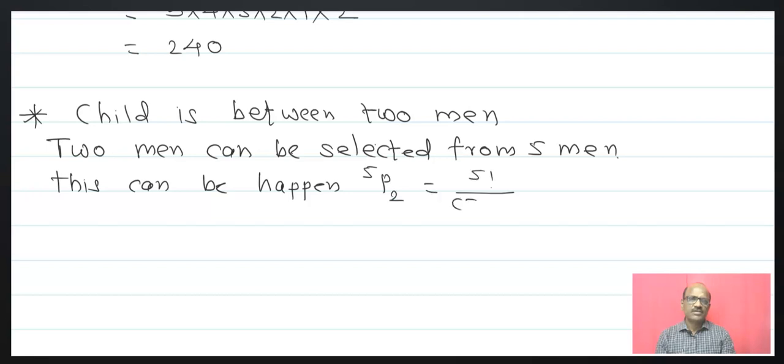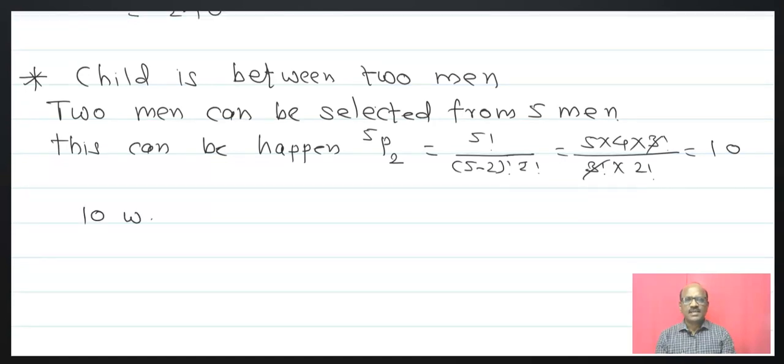That is equals to 5 factorial upon 5 minus 2 factorial, that is 5 factorial, 4, 3, these two get cancelled, and that is equals to 10. Therefore, 10 ways.